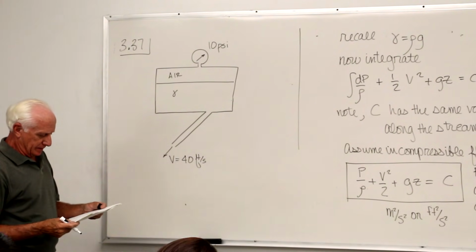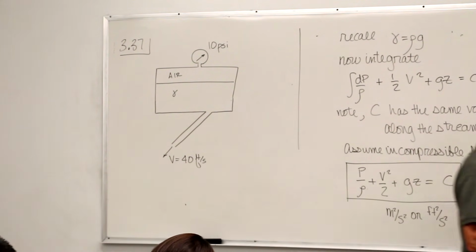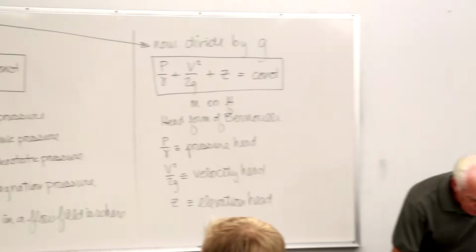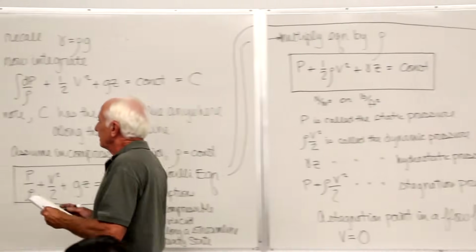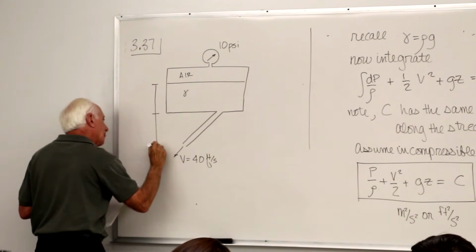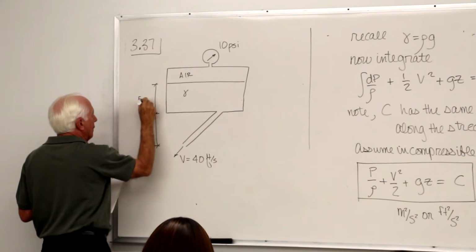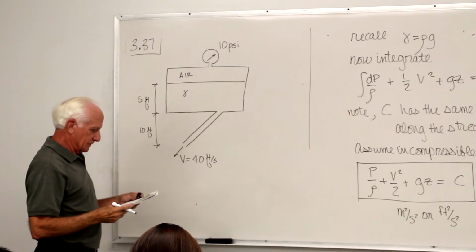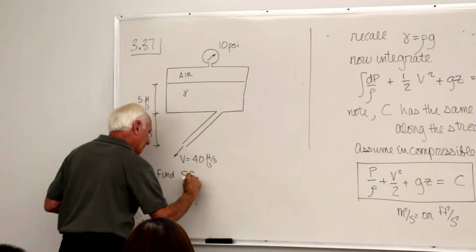Let me make sure, I've got 15 written down here. Let's see what we got. Oh, I'm sorry, 10 feet, 5 feet. So 10 feet from here to here, and 5 feet from here to here. Got it. What is the specific gravity of the liquid in the tank? So find the specific gravity of the liquid.